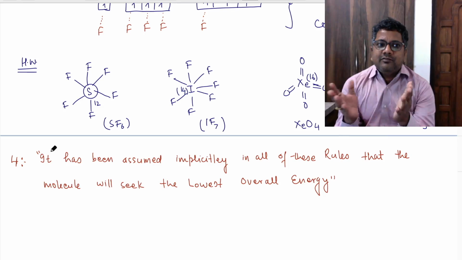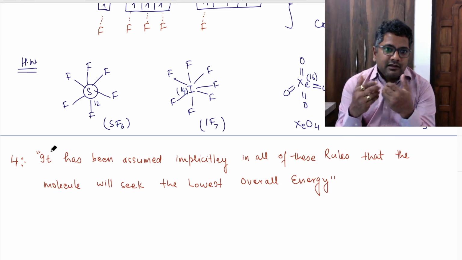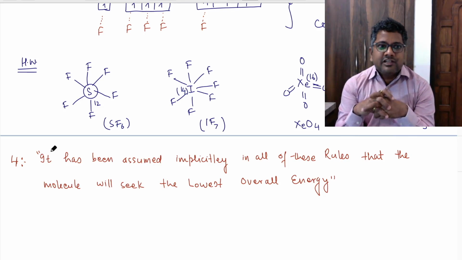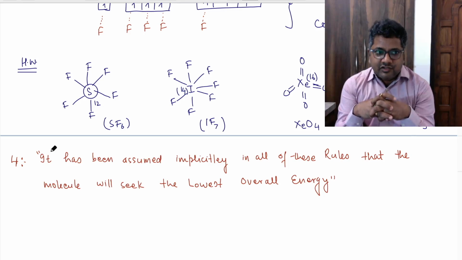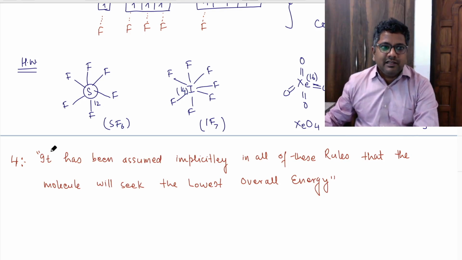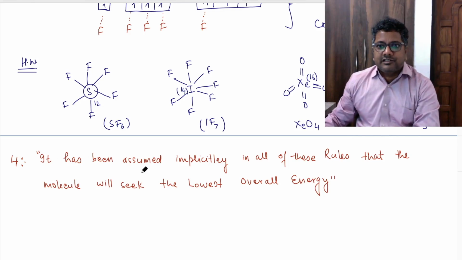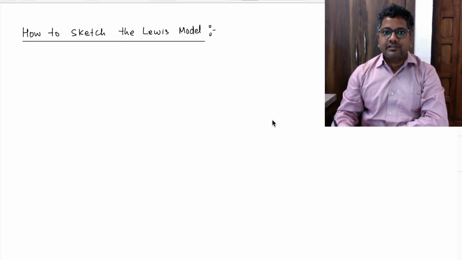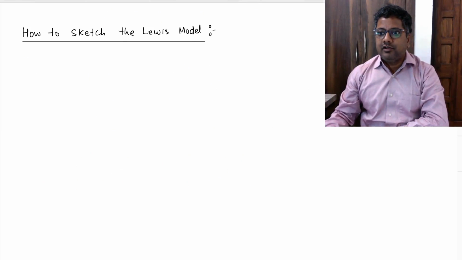But if any molecule obeys the octet rule and has much larger energy than the constituent atoms, the molecule will not exist. So ultimately the main criterion for existence of any molecule is basically energy, right? Now see how we sketch the Lewis model for any molecule or ion whatsoever is given.